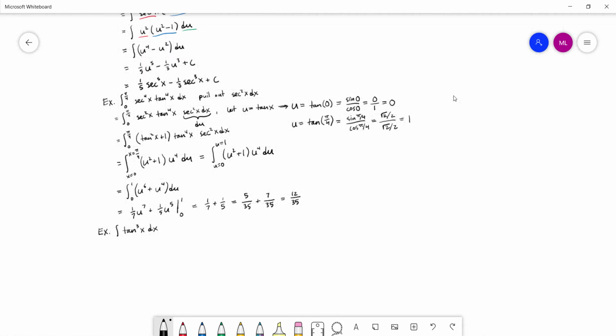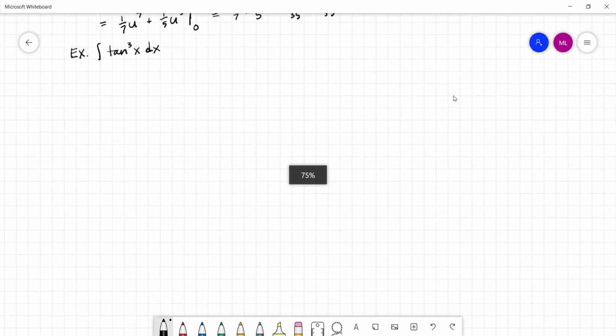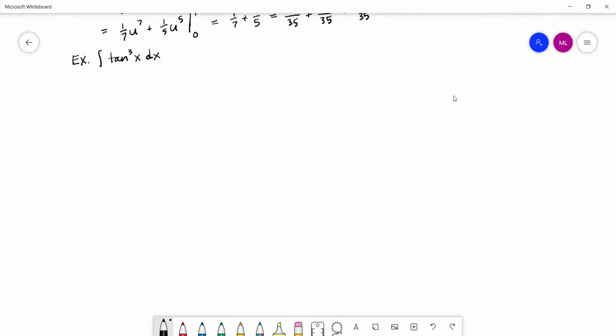What we're going to have to do instead is start with a Pythagorean identity to see if we can split this up into something that involves both tangents and some secants. So we're going to basically force this thing that right now only involves tangent to involve both tangent and secant. So I'm going to rewrite this as the integral of tangent squared of x times the tangent of x dx. And I will use this tangent squared piece in much the same way that we did way back when we were dealing with sines and cosines.